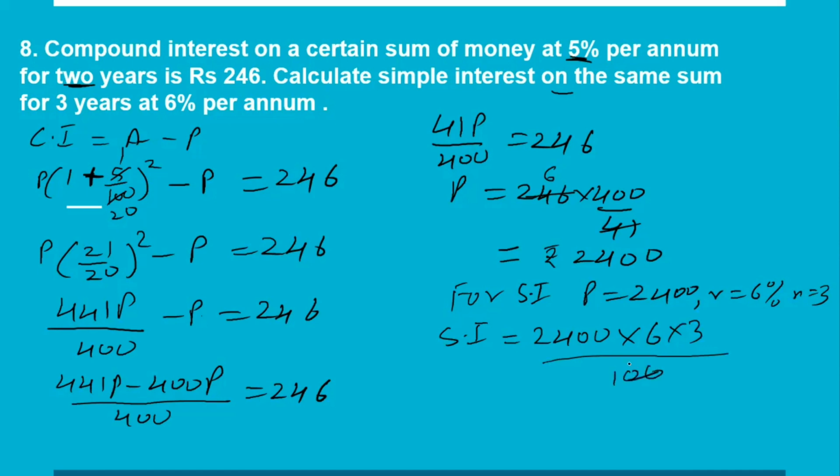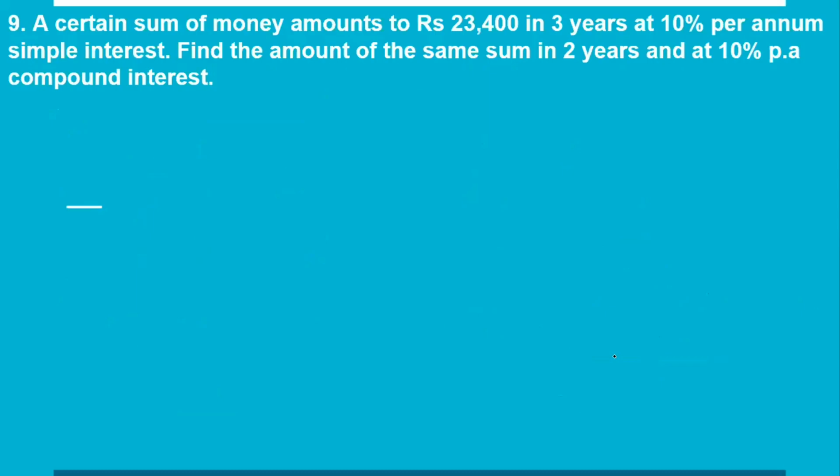Let us simplify this. Just do 24 into 18, or you can take 24 into 3 is 72 and 72 times 6, you get 432. So this is how you get simple interest as rupees 432. Clear? Got it? Let's move on to the next question.